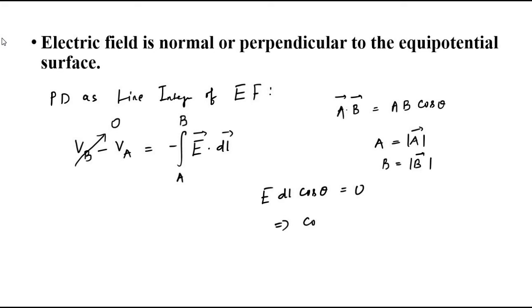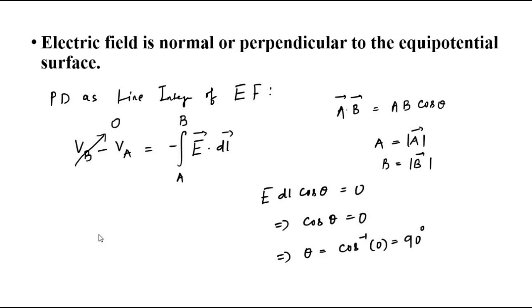That implies cos theta is equal to 0. That implies theta is equal to cos inverse of 0, which is equal to 90 degrees. That's why the electric field is normal or perpendicular to the equipotential surface.